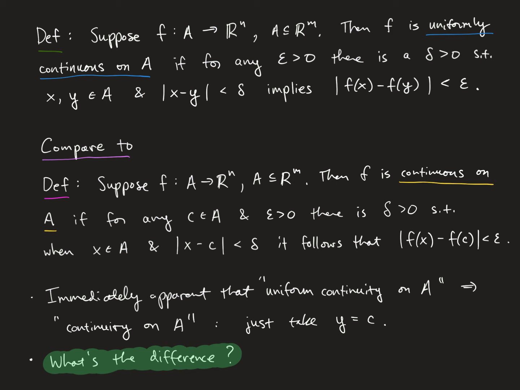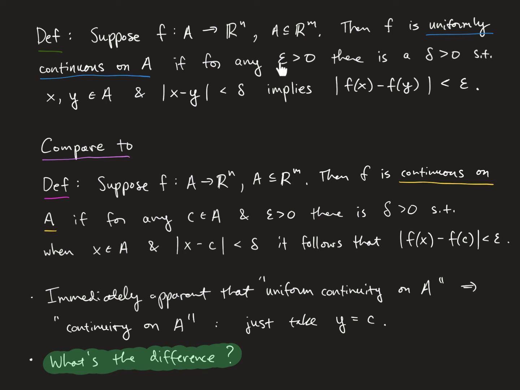In uniform continuity, as long as the inputs are close together, the outputs have to be close together. So for continuity, it's close to a particular point means outputs are close together. For uniform continuity, it's inputs close together, full stop, has to imply that outputs are close together. That's the definition of uniform continuity.